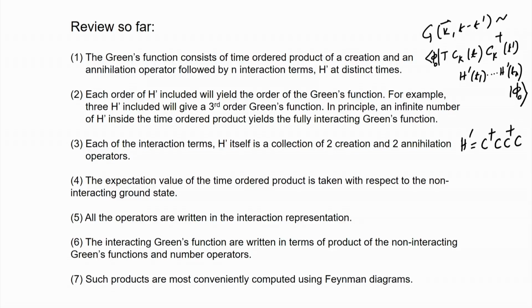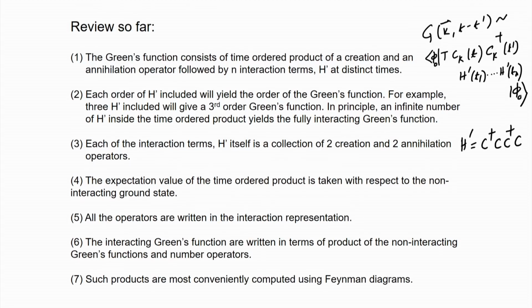The expectation value of the time ordered product is taken with respect to the non-interacting ground state. This is what we have learned. It is actually the ground state of the many body system, but then we learned how to construct the non-interacting ground state from an interacting many body ground state, and we have shown that there is a phase factor which connects the many body ground state to that of the non-interacting ground state.